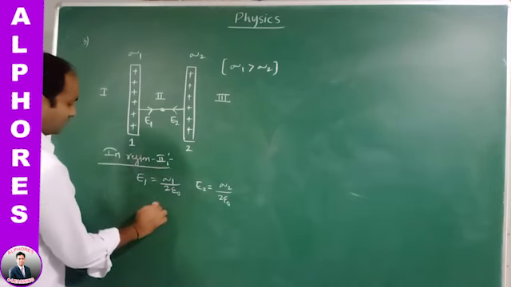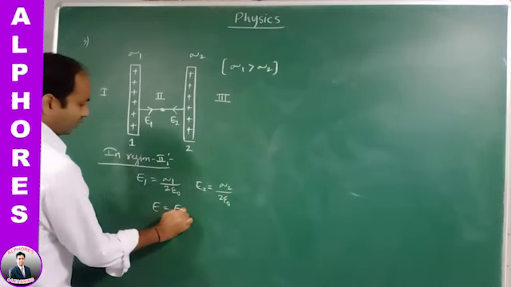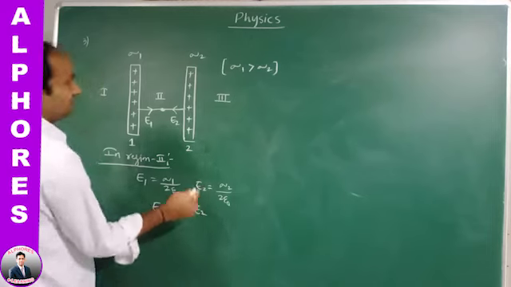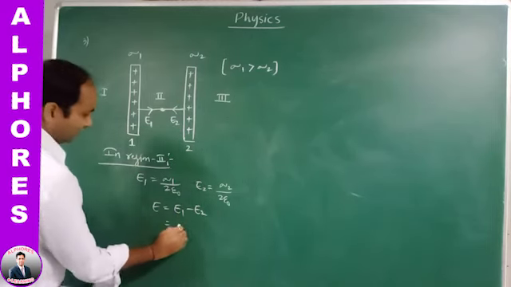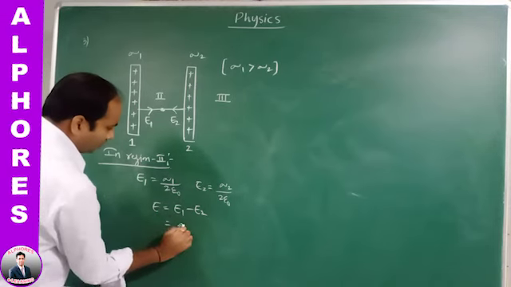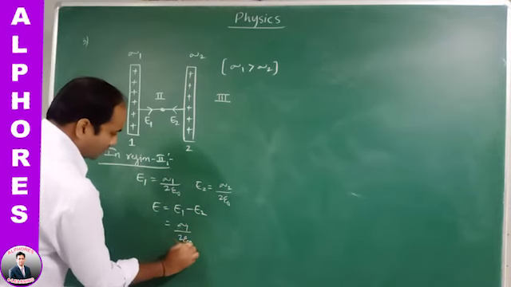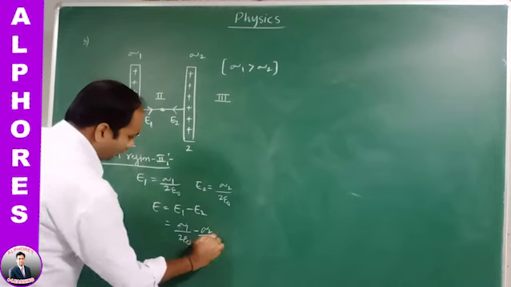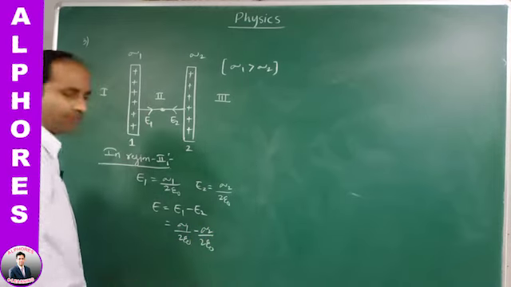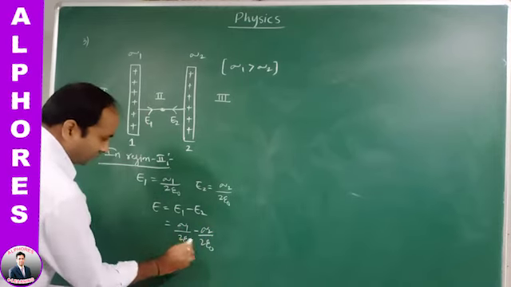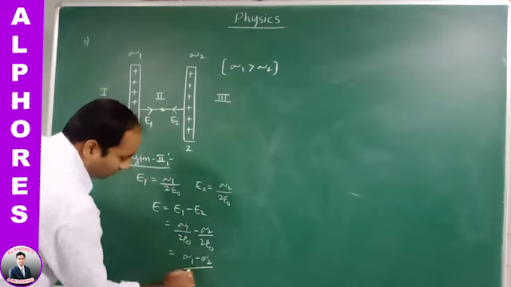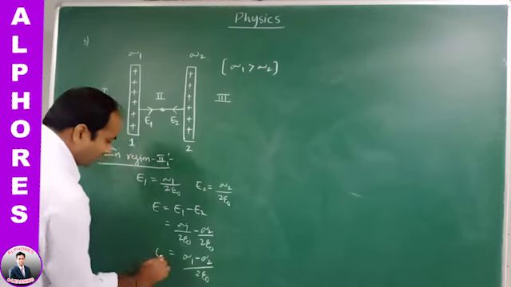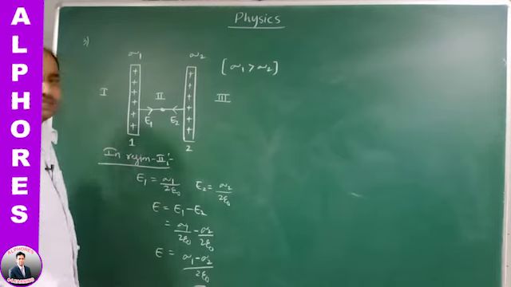Therefore, we may write E is equal to E1 minus E2, because of the condition sigma 1 greater than sigma 2. So sigma 1 by 2 epsilon naught minus sigma 2 by 2 epsilon naught gives sigma 1 minus sigma 2 by 2 epsilon naught. This is the electric field in region 2.